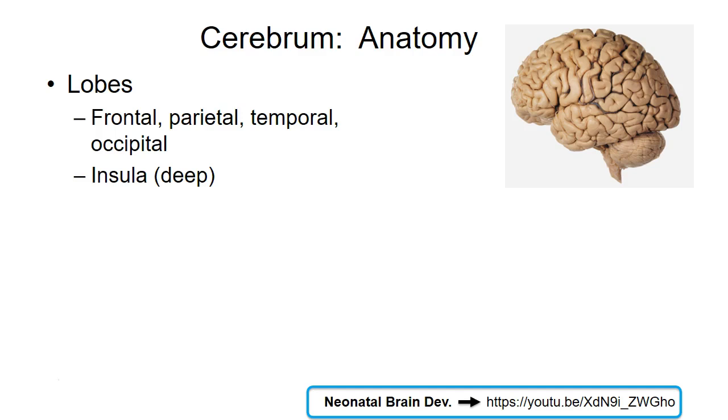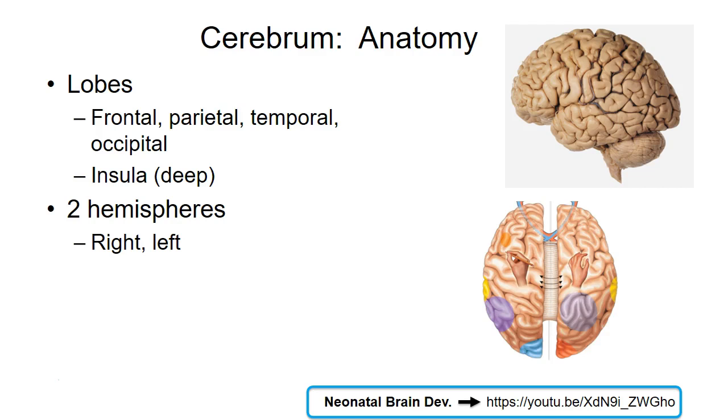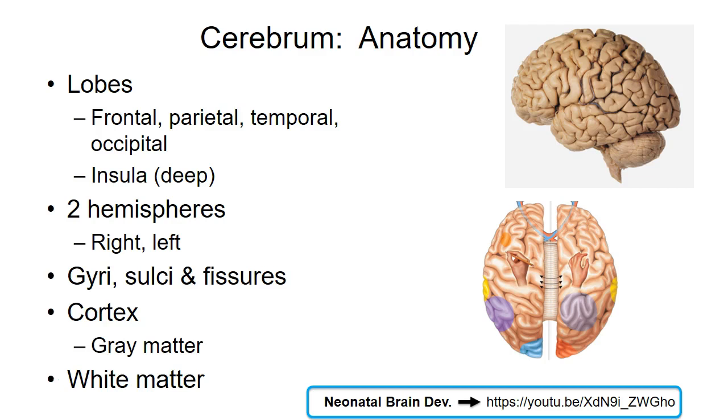There are going to be 5 lobes that we're going to look at. Other terms that you're going to need to know: there's obviously a right and a left hemisphere of the cerebrum. And then structures that are called gyri, sulci, and fissures.